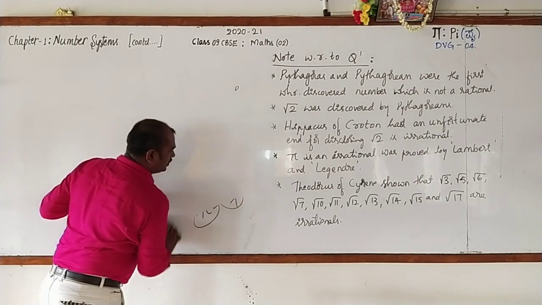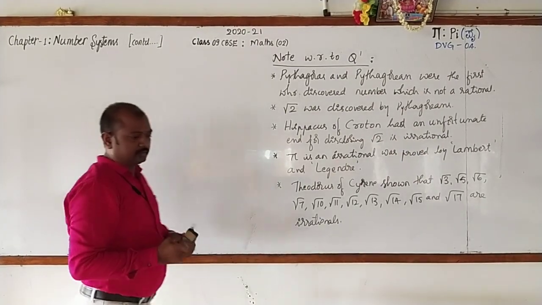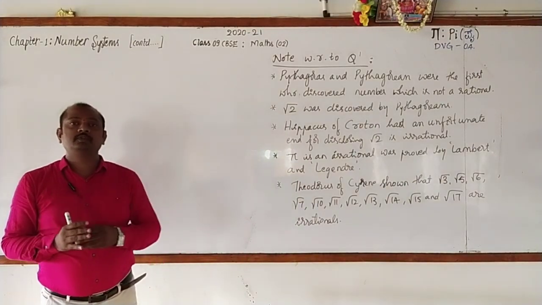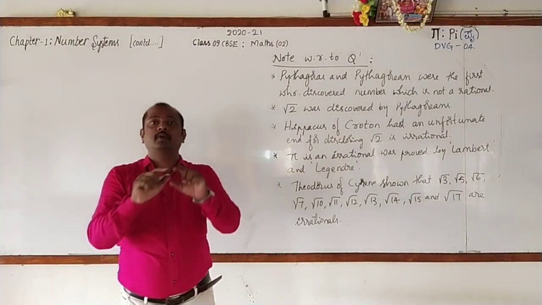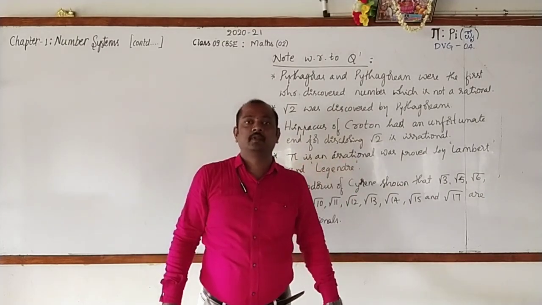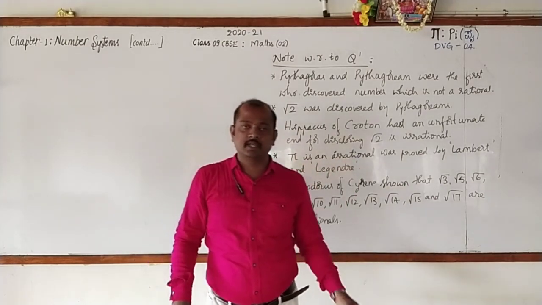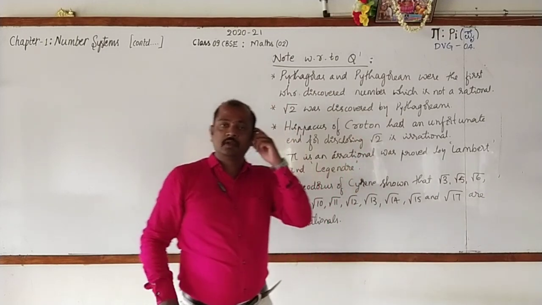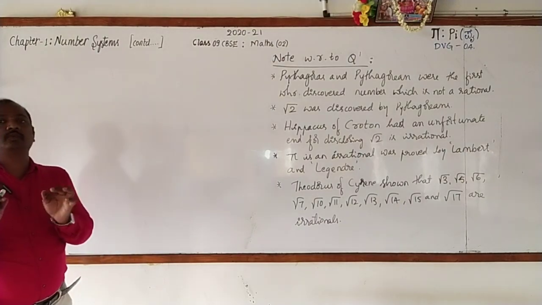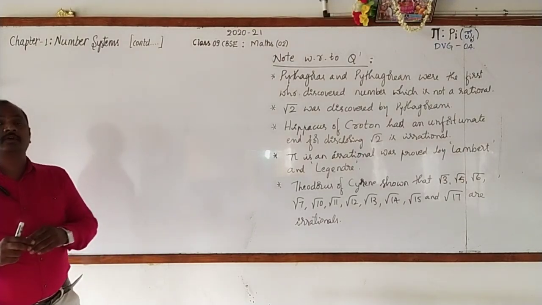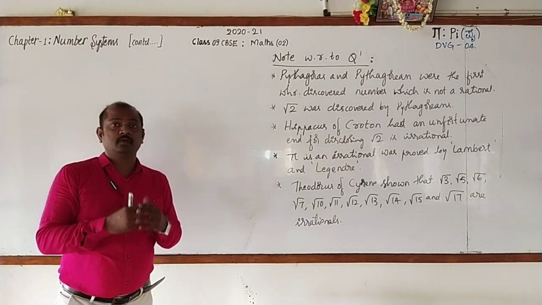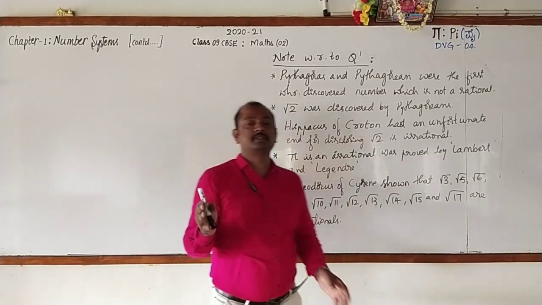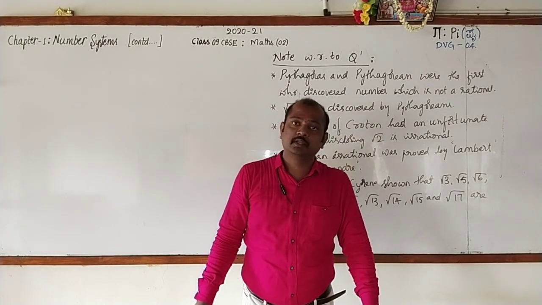Now, let us go for taking some of the rational numbers, and we know how to represent them on the number line, which you have already learnt in your previous classes, right? Even from 6th, 7th standard, you have learnt how to represent rational numbers on the number line. Now, in today's class, we are going to learn how to represent irrational numbers on the number line.